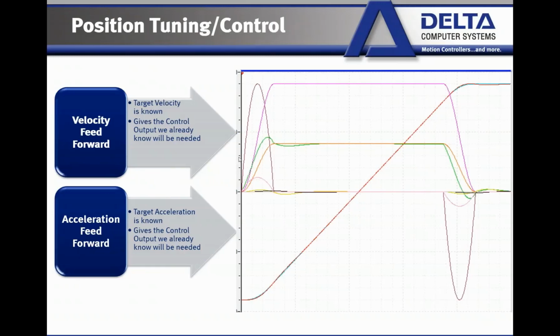It's going to give us an extra boost of voltage, and you can kind of see it here on this green line as well, where that extra boost is coming in, and it's helping us accelerate up to where we need to be and decelerate down to where we need to be so that we don't overshoot.